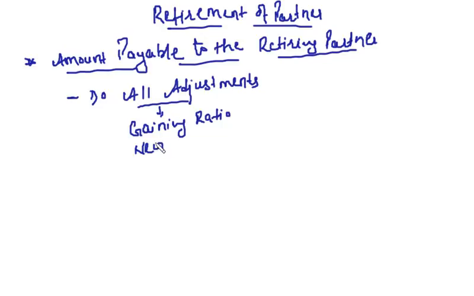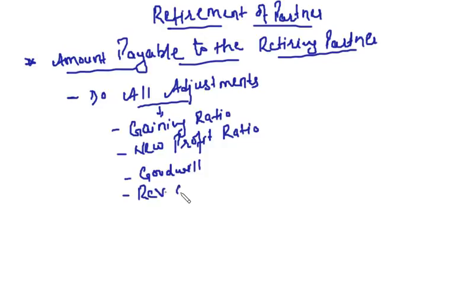Calculate new profit sharing ratio. Then do the adjustment for goodwill. Calculate the amount of goodwill that is payable to the retiring partner. Then do the adjustments for revaluation of assets and liabilities.